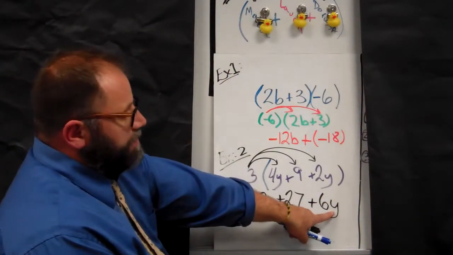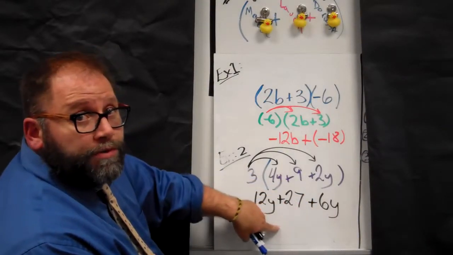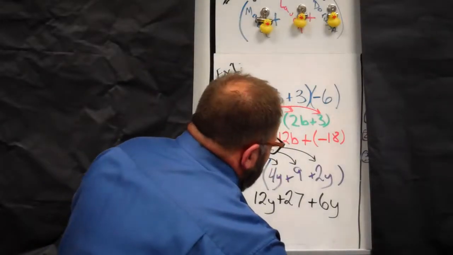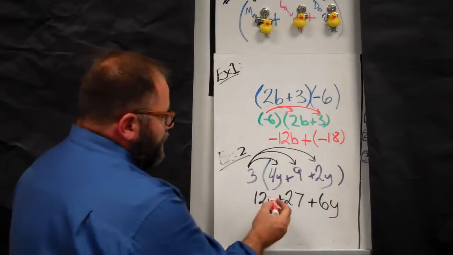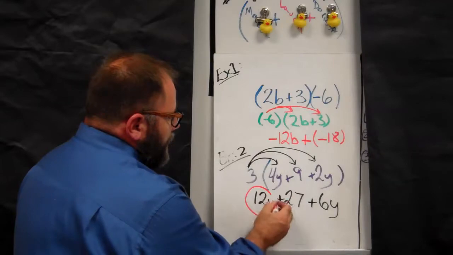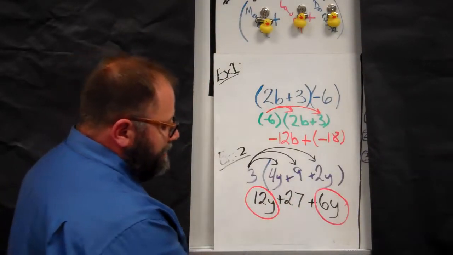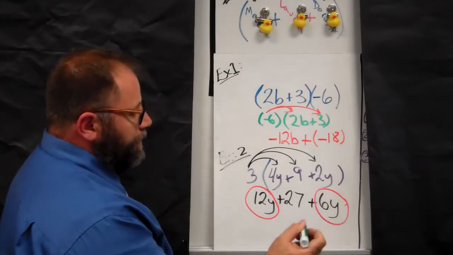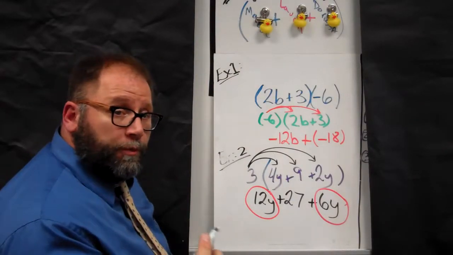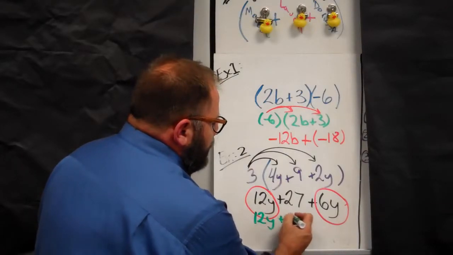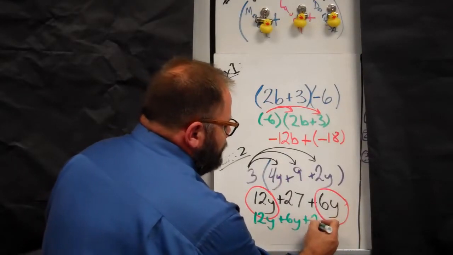Now, ask yourself, do we have any like terms? Well, we do. And I think the best way to identify them is to circle them. So here's my 2y, here's my 6y. They're both positive, so we can add them together. If we wanted to, we could use the commutative property first and rewrite it as 12y plus 6y plus 27.